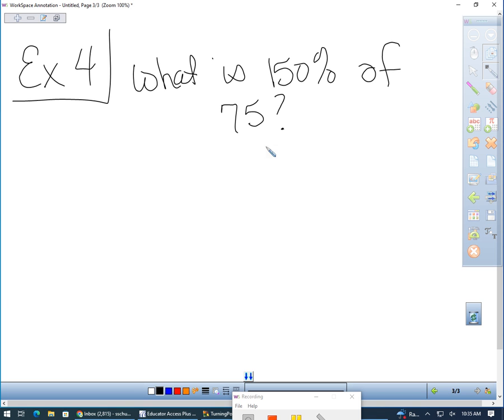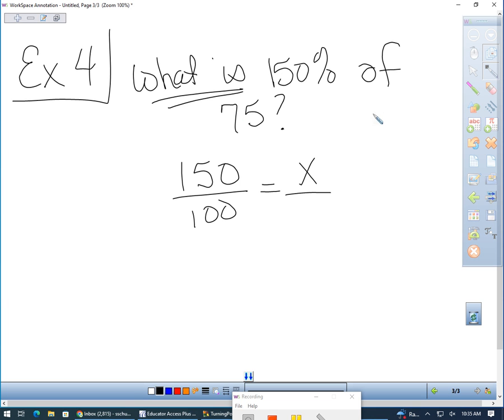What is the percent we have in the problem? 150 over 100 equals is over of. We have "what is," so what goes on top? X, very good. Of 75, so 75 goes on the bottom.